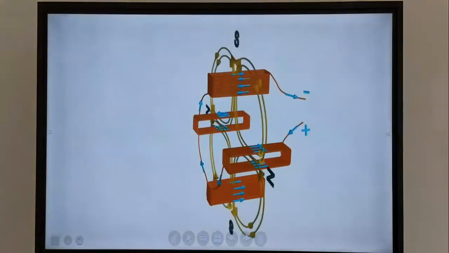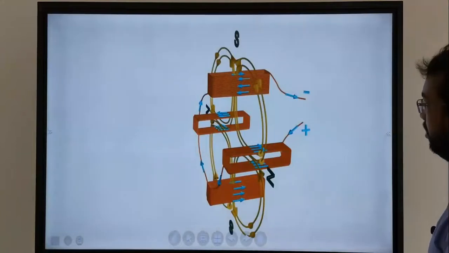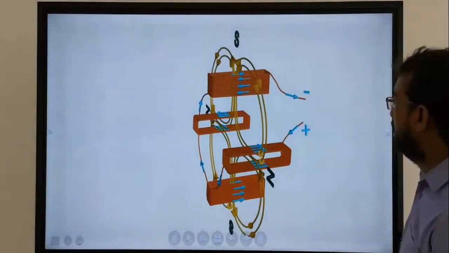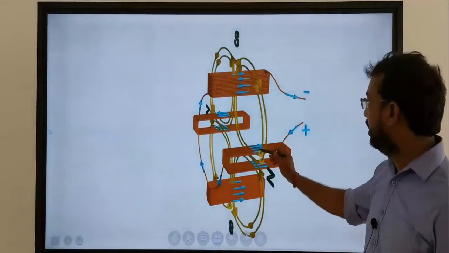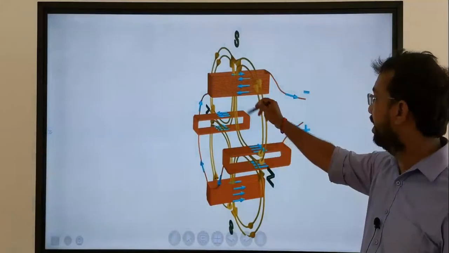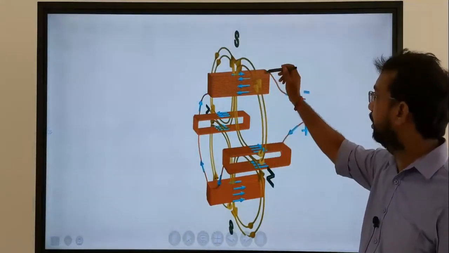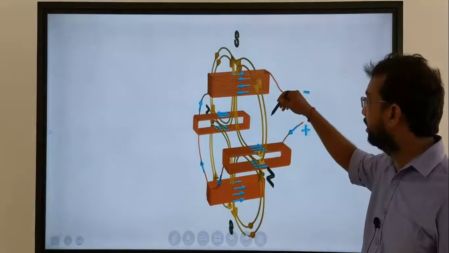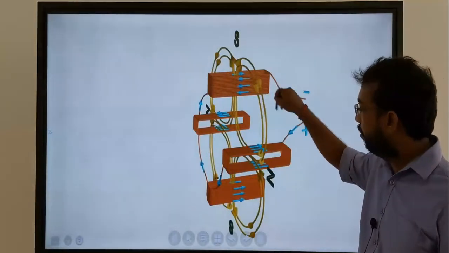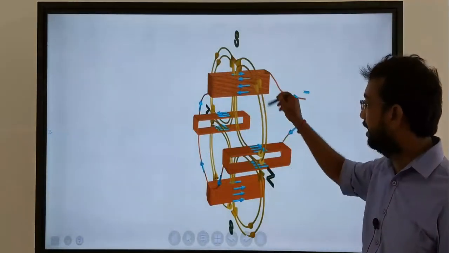According to that, the current direction changes. Here you can see this coil direction and that coil direction are opposite. That's why the south and north poles are obtained like this, so there are four magnetic flows connected to each other.